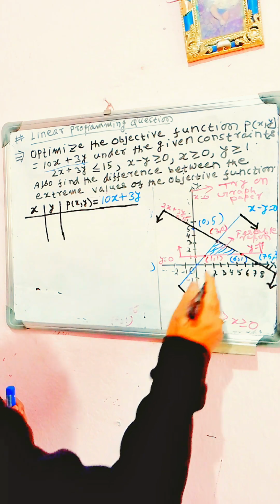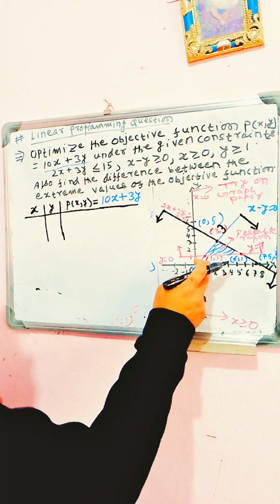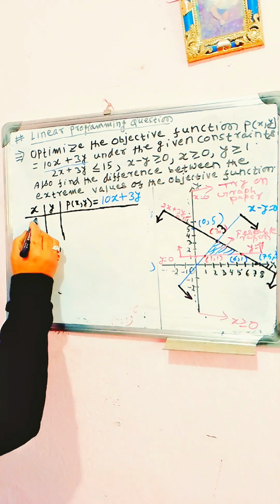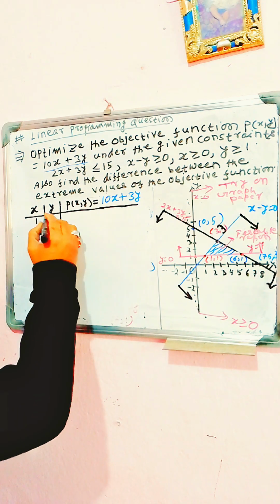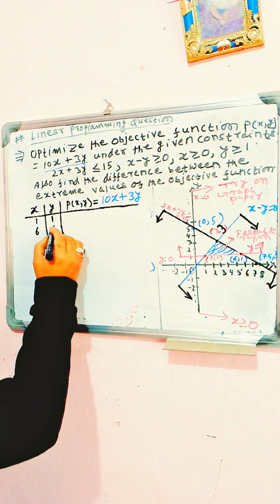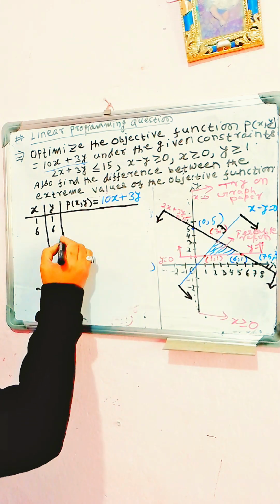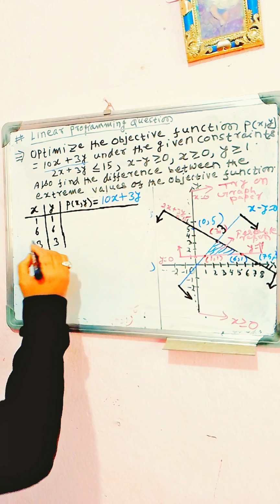So here this is 3, 3. You start from here, this is 1, 1, so x is 1 and y is also 1. Then here x is 6 and y is 6. And lastly we have x as 3 and y as 3.